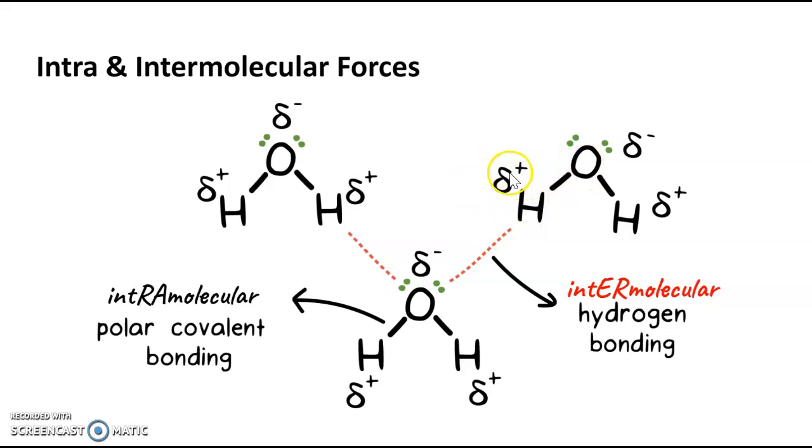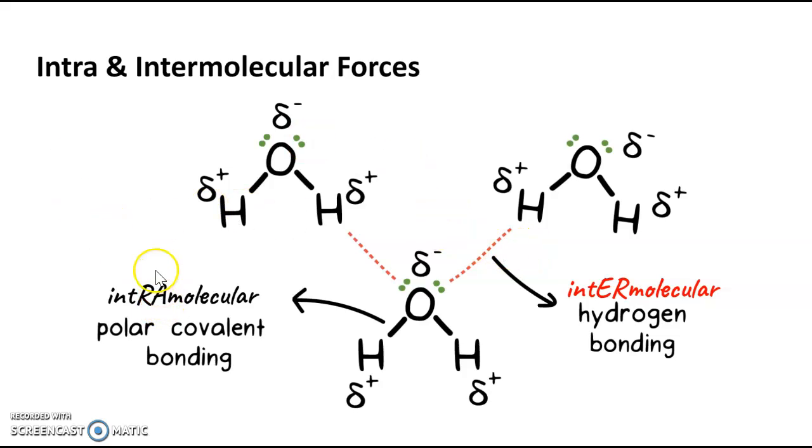So the H is really positive and the O is really negative. So they form this really strong magnetic attraction, and it is hard to overcome. And that intermolecular force is really what makes water so special.